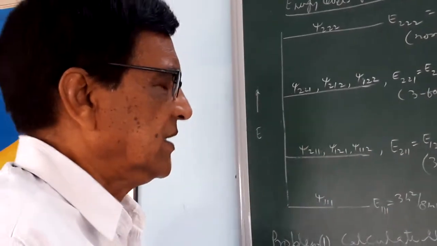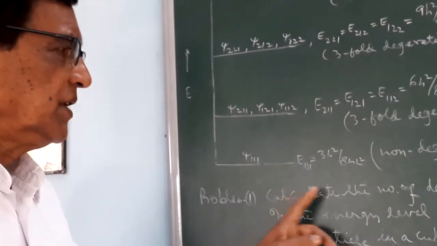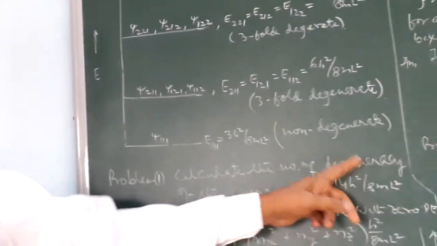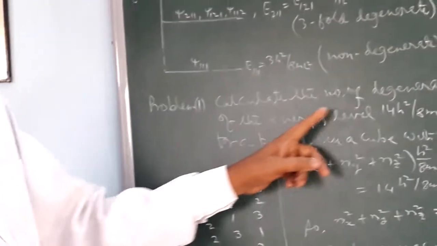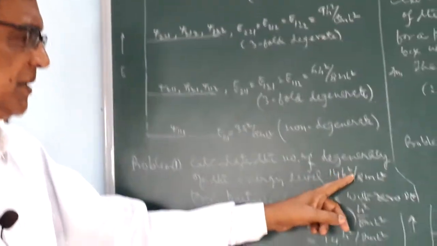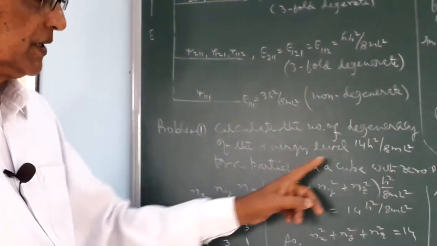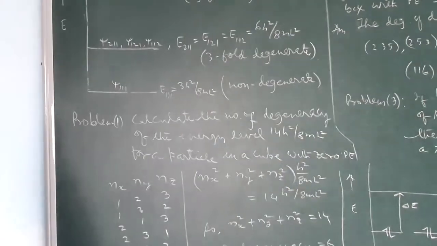Now I shall give some problems to calculate. Calculate the number of degeneracy of the energy level 14h² divided by 8mL² for a particle in a cube with zero potential energy.